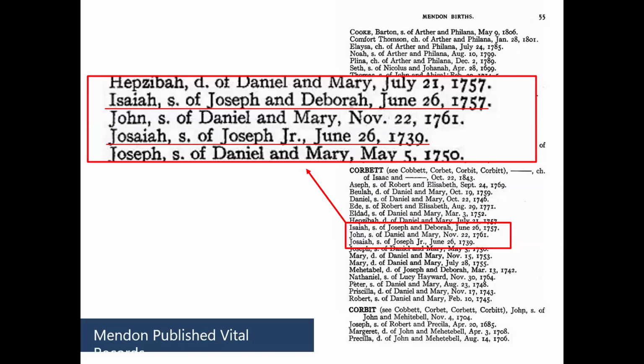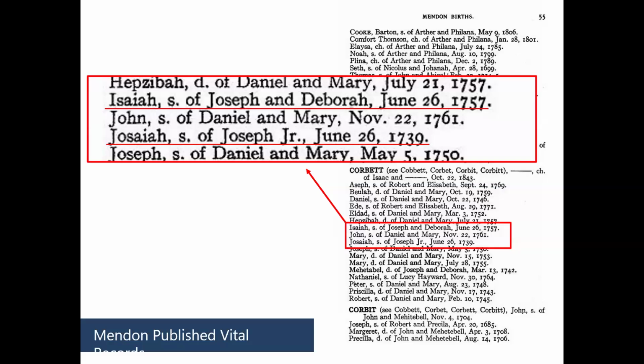We also use a lot of published vital records, and especially for Massachusetts, there's an entire collection of roughly 226 individual towns that had their records through 1850 that were published. This is one of those towns.